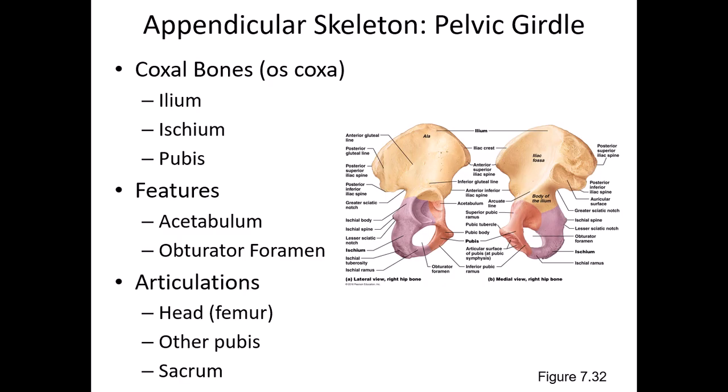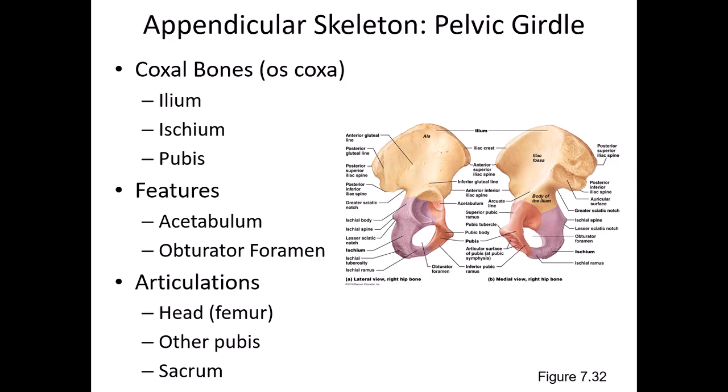So the os coxa articulates with the head of the femur at the acetabulum. One pubic bone articulates with the other pubic bone to form the pubic symphysis, and a symphysis describes a fibrocartilaginous solid joint. Functionally, your pubic symphysis is an amphiarthrosis, allows for some movement.